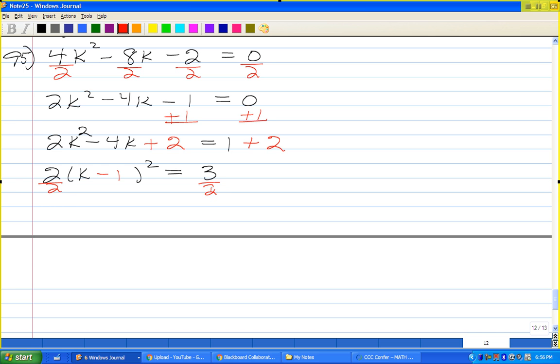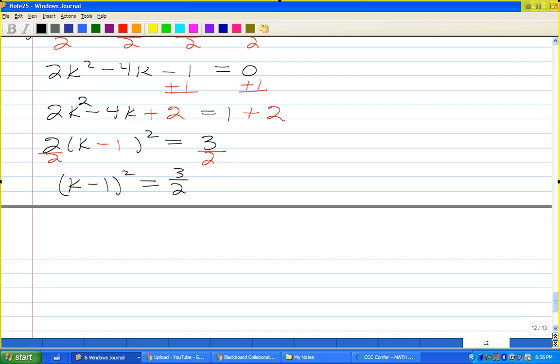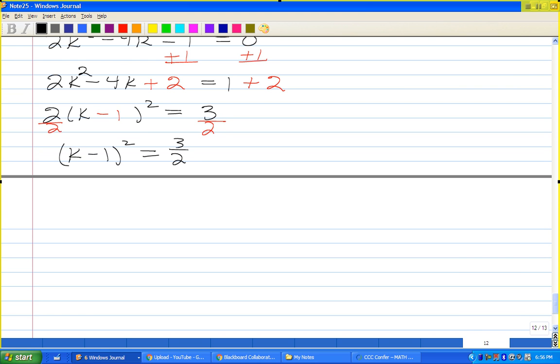And so I have that k minus 1 squared is equal to 3 halves. So by the square root property, I have that k minus 1 is equal to plus or minus the square root of 3 halves. Add 1 to both sides of my equation.